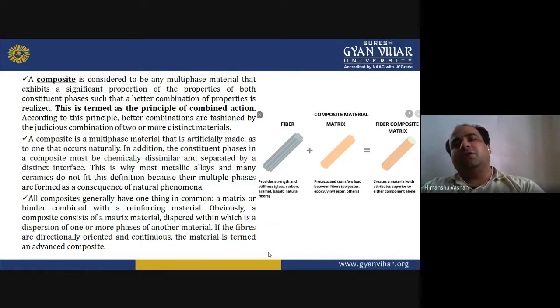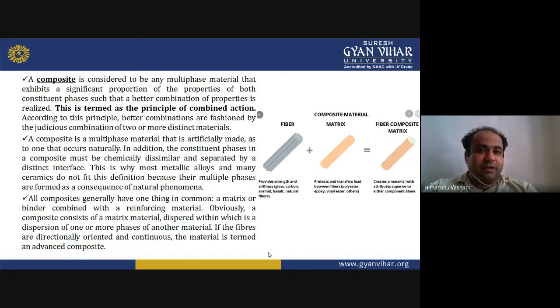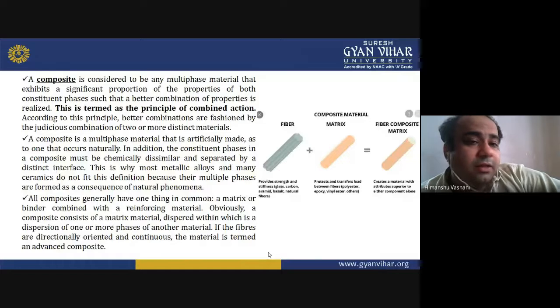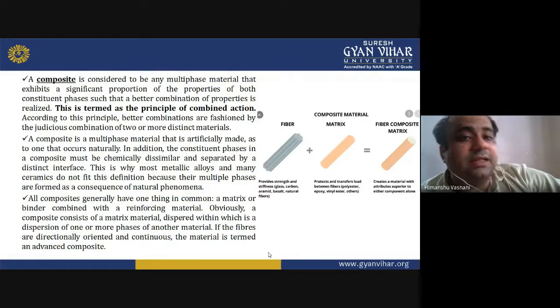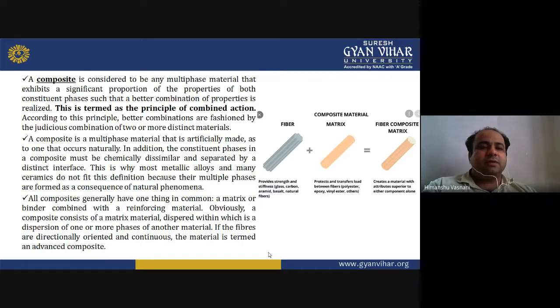So a composite is considered a multi-phase material that exhibits a significant proportion of the properties of both constituent phases, such that a better combination of properties is realized.